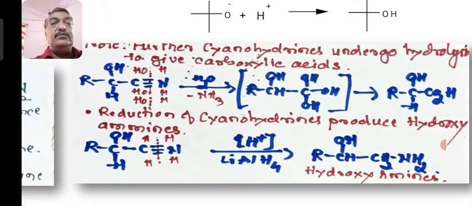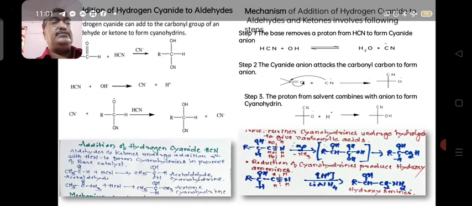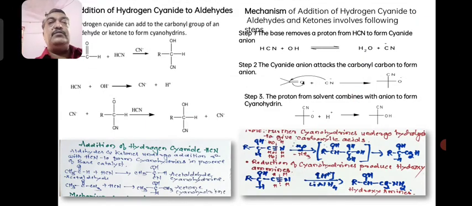Okay, so the cyano group which is formed will undergo hydrolysis as well as reduction to give RCHOHCOOH, that is a carboxylic acid, and RCHOHCH2NH2, an amino compound. So these are the two reaction steps which are essential, and the two reactions I have given.